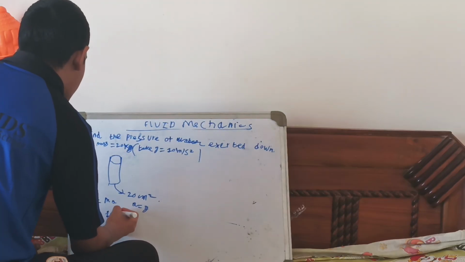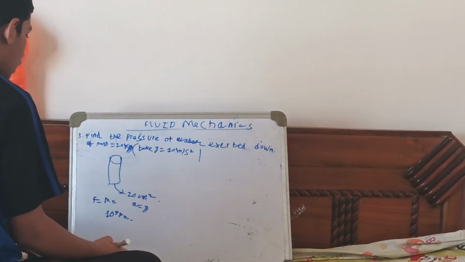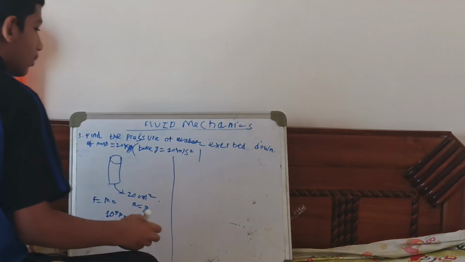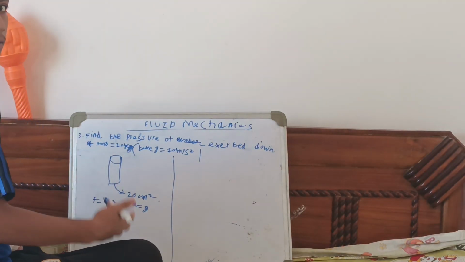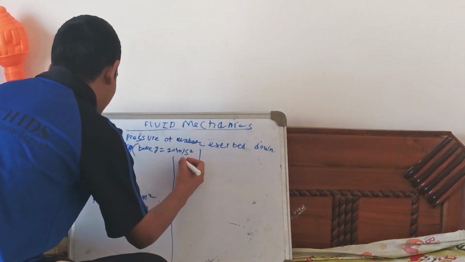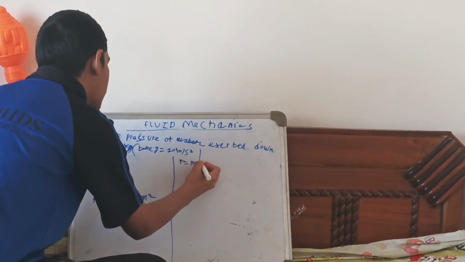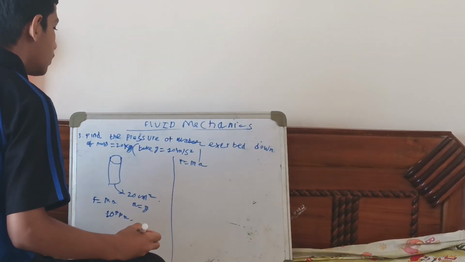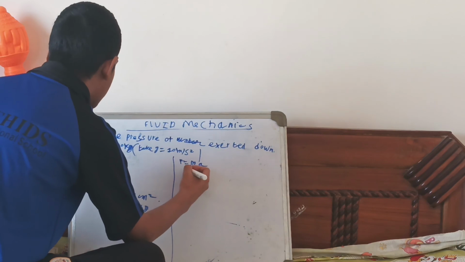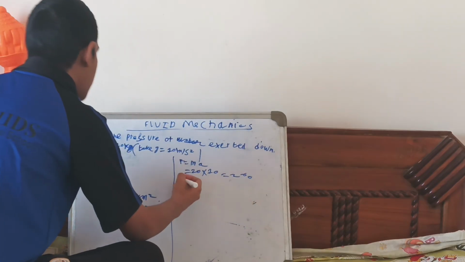It will be 10 power 5 pascal. Solution: I hope you don't need it, but for those who don't know, I am telling. We know F equal to ma according to Newton's second law of motion. So it will be 20 into 10, which is equal to 200 Newton.